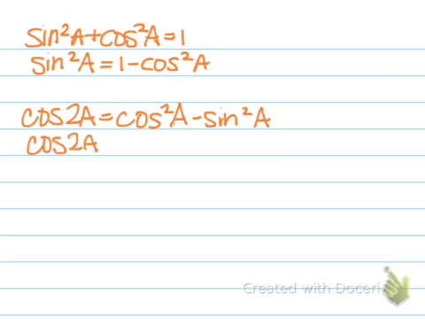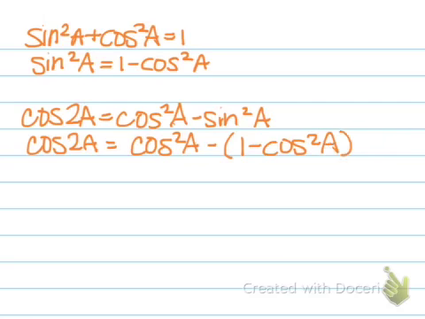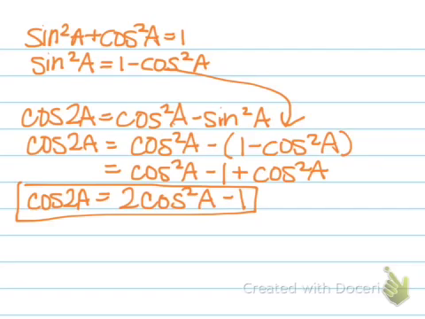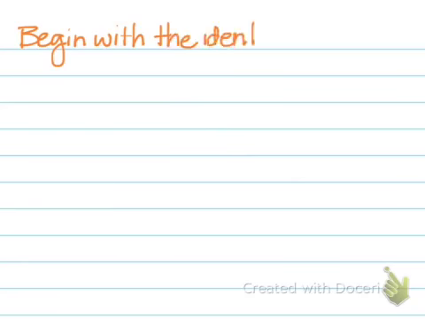If we take that sine squared a and plug in 1 minus cosine squared a in its place, then we come up with cosine squared a minus 1 plus cosine squared a, so we get 2 cosine squared a minus 1. So there is another identity for cosine 2a.